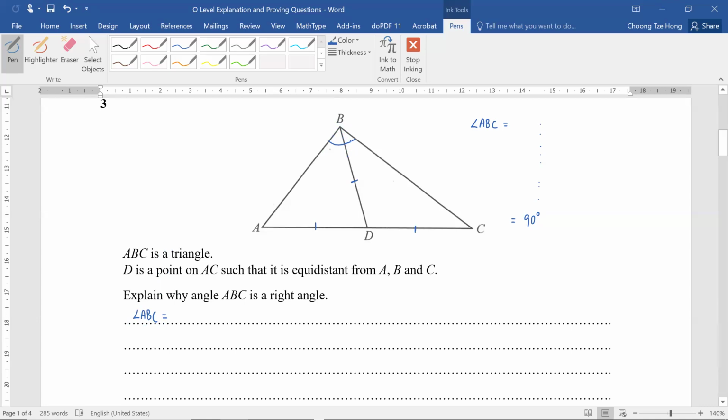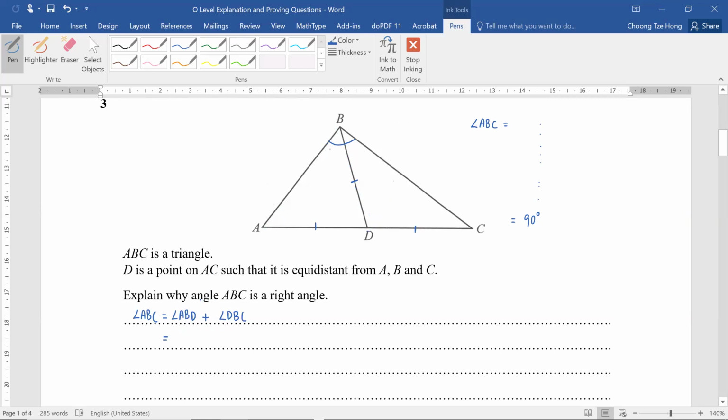You can see the angle ABC is actually the sum of two smaller angles, angle ABD as well as angle DBC. This will be the only thing that you can logically do at this point in time, which is to break it down into angle ABD plus angle DBC. So this is one step forward.